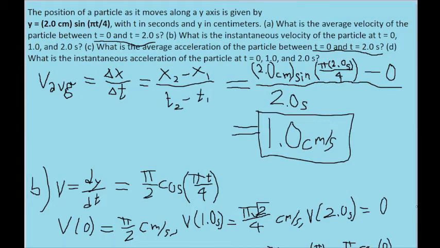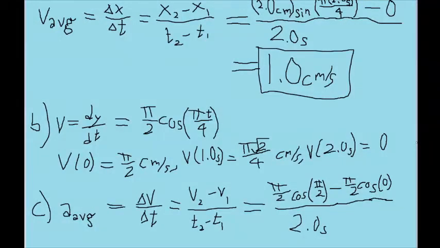So for 2 seconds, we're plugging the 2 in for the t, so the 2 and the 4 cancel out to make a 1/2. So we just write cosine of pi over 2. And then for the next part, a 0 is being plugged in for t, so the whole term becomes 0. So that's why I wrote minus pi over 2 times the cosine of 0.